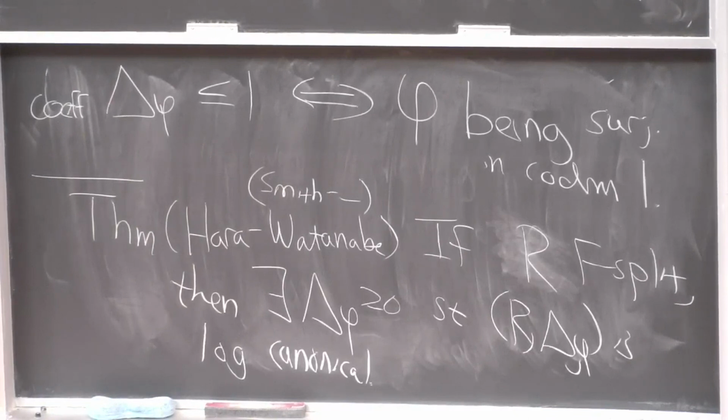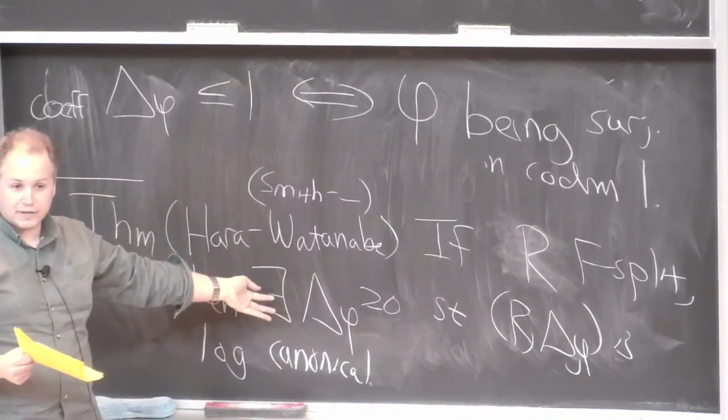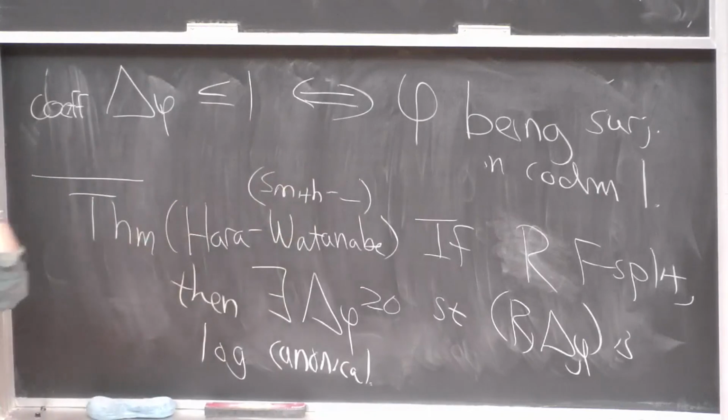Okay, so you might start to ask, and I've already told you the answer, what about the converse? What if I start out with something that's log canonical in characteristic p? Is it F split? The answer is no. I've already hinted at this: F pure is locally F split. Cones over ordinary abelian varieties are all log canonical, and they're all F split.